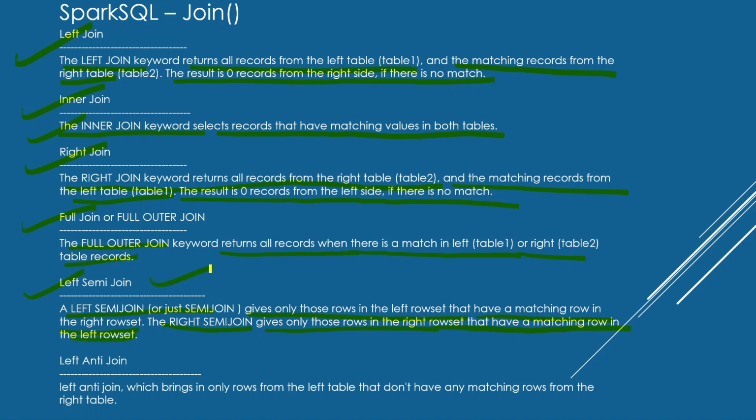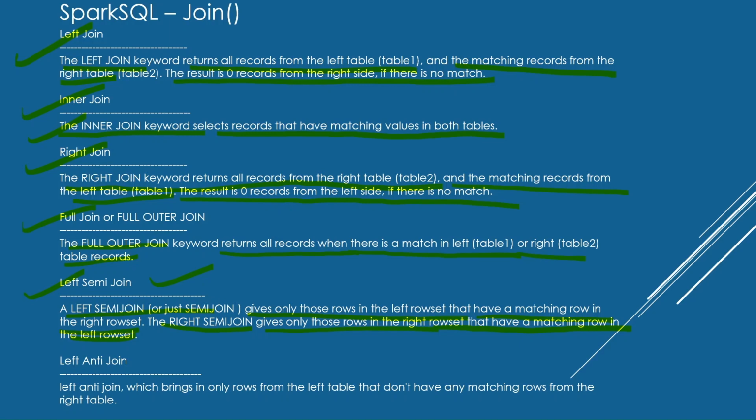So what does it mean? Whenever we are going to do a left semi join, suppose in the left table there are 5 columns and in the right table there are also 5 columns. What will it do? It will check for a match.